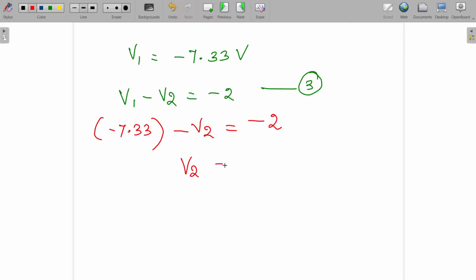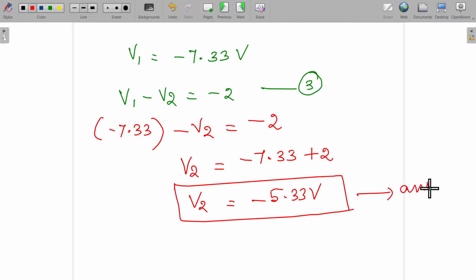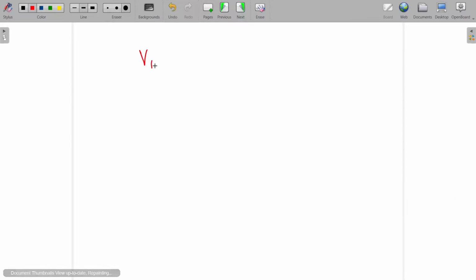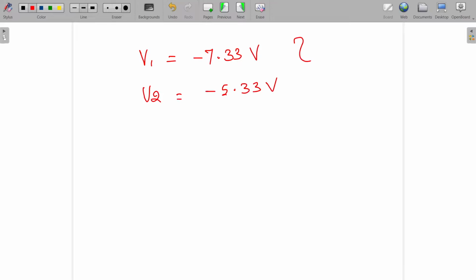So V2 is equal to minus 7.33 plus 2, so V2 is equal to minus 5.33 volts. This is your second answer. So what are the answers? V1 is equal to minus 7.33 volts and V2 is equal to minus 5.33 volts. These are all the node voltages.